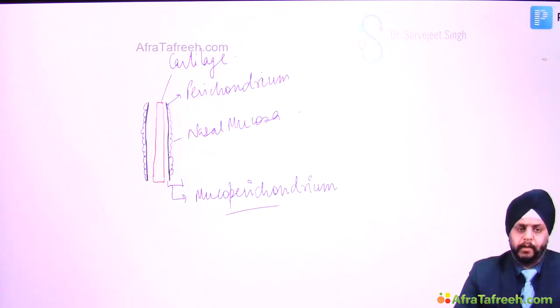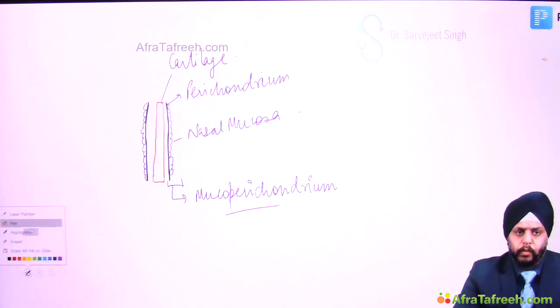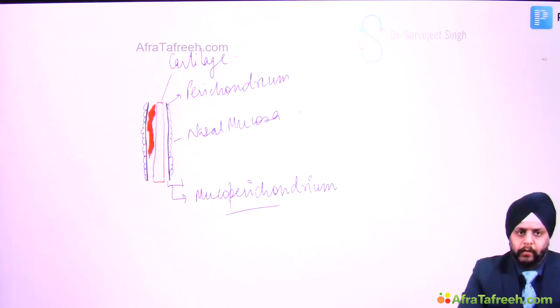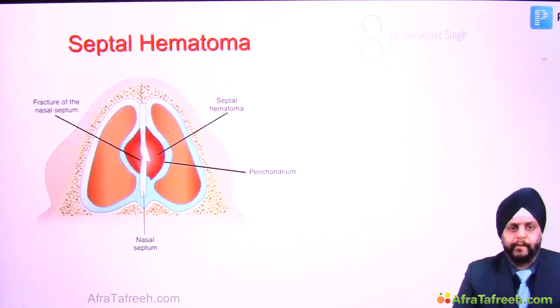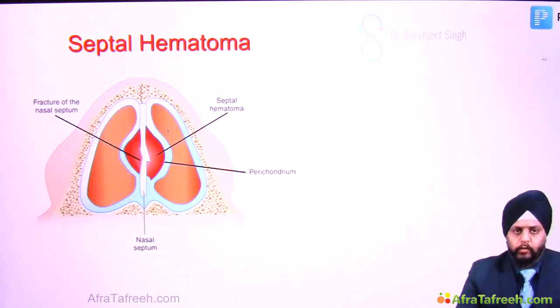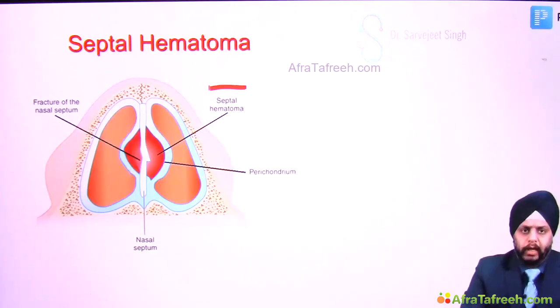So what can happen? The blood can collect between the cartilage and its mucoperichondrium, and we will have a condition that's known as septal hematoma.